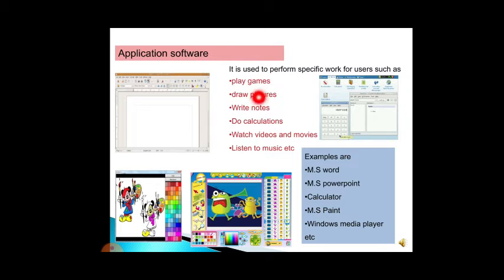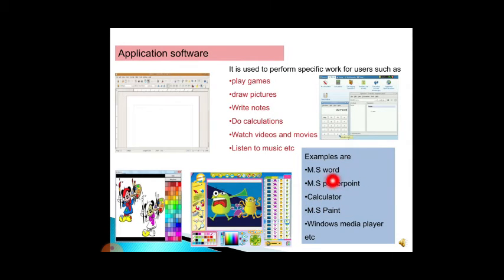So we play games, draw pictures, write notes, do calculations, watch videos and movies, listen to music, etc. Some examples are MS Word, MS PowerPoint, calculator, MS Paint, Windows Media Player.